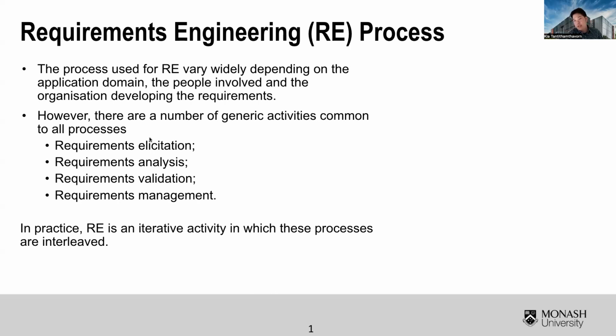Requirement engineering process. Earlier, we talked about why requirement engineering is so important. There are different types of requirement, and now we will talk about how to elicit the requirement and what is the process to engineer it. The RE process, requirement engineering, is used widely depending on the application domain.